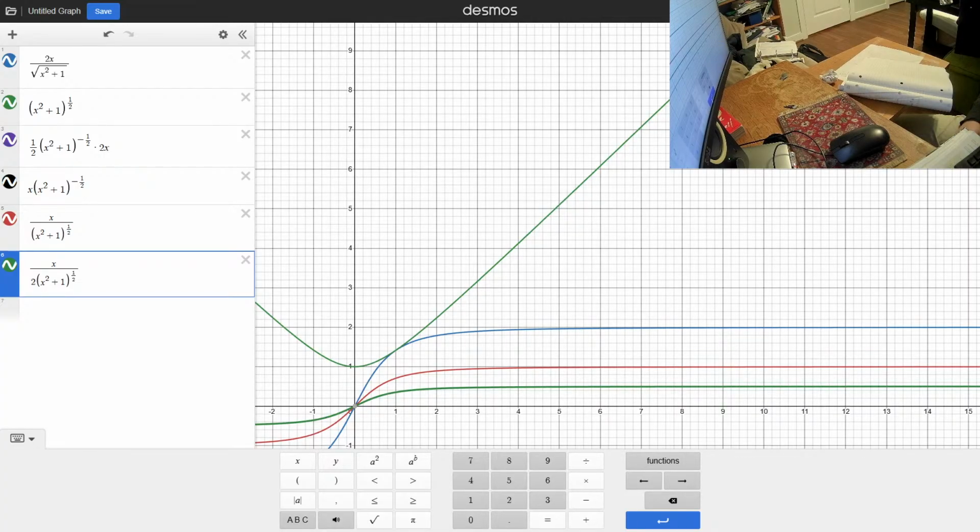Oh my god, the quotient rule. Why do I always forget that the quotient rule exists? That's what I got wrong. I didn't quotient my rule. Alright, maybe we will get somewhere if we keep going with this.